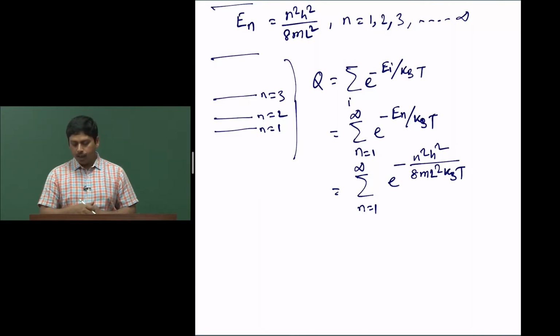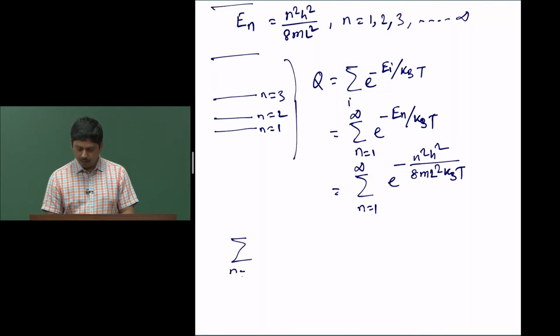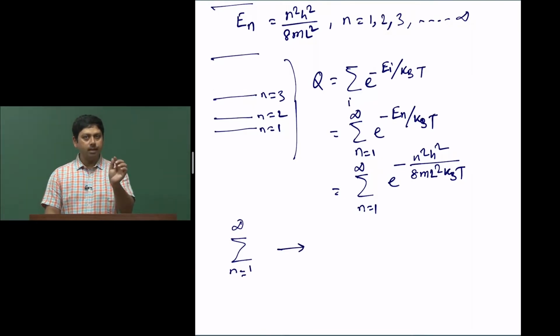However, sometimes it is helpful to convert the sum to an integration. So, for example, if I am summing n equal to 1 to infinity, and there are so many values present, we can imagine that the differences are actually smaller, and then we are integrating over all possibilities.